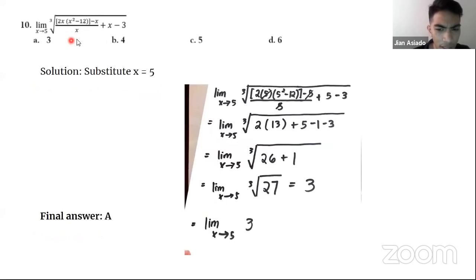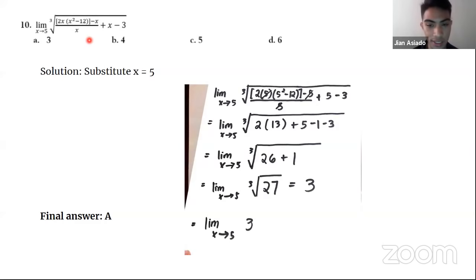So, number 10. To find the limit, there are many ways, and it varies depending on the given expression. But for this one, the valid method to get the limit is just substituting x equal to 5 into the expression.